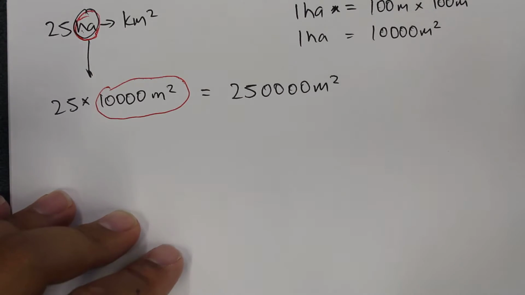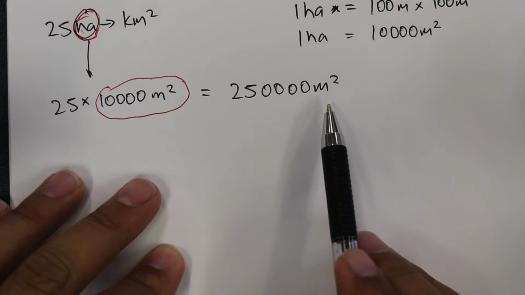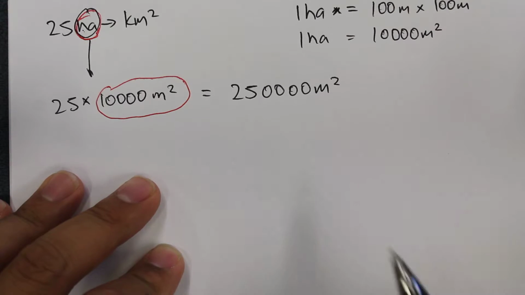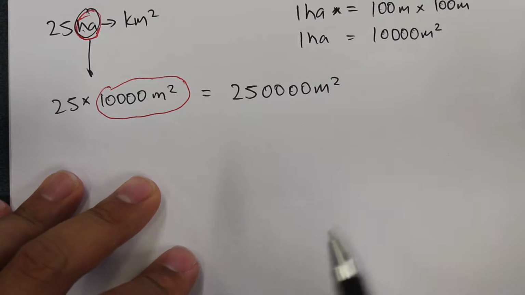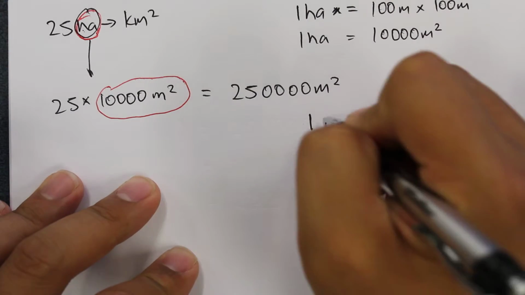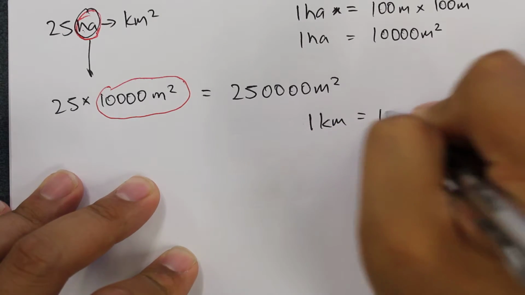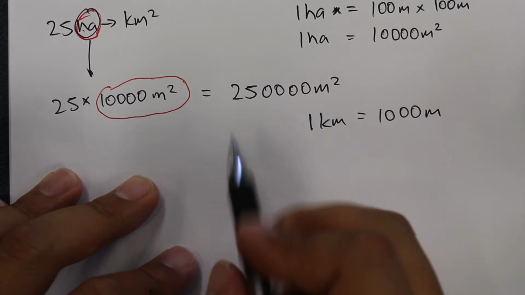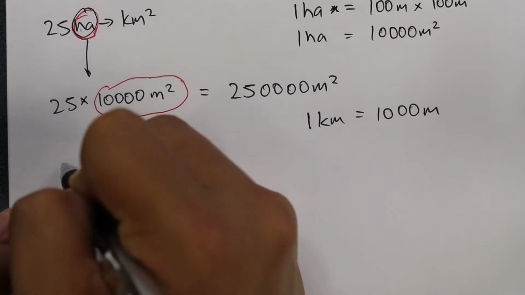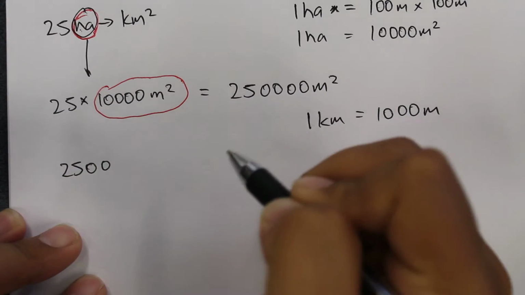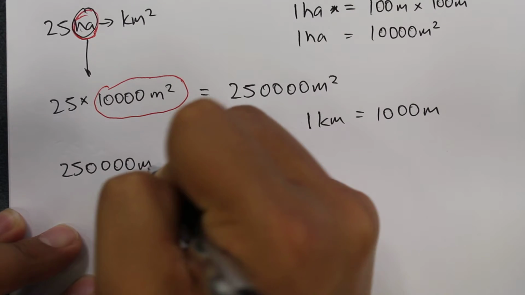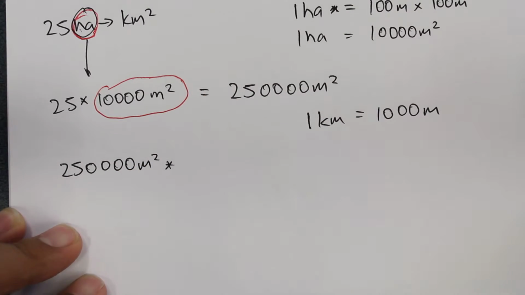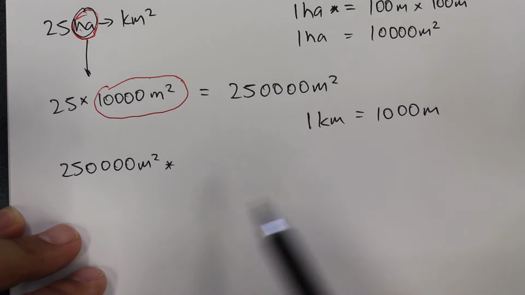Now the next step is we need to turn this into kilometers squared. The other identity which we need to know is that in 1 kilometer there is 1,000 meters. So here we can write down 250,000 meters squared, and we'll use an elimination method.